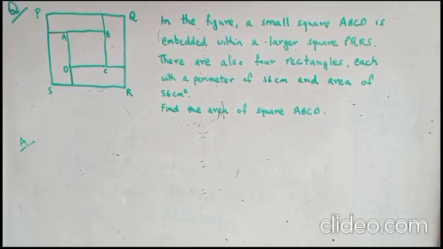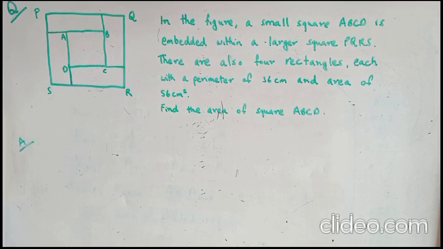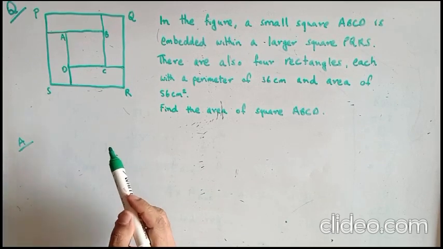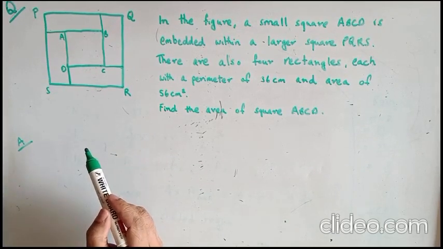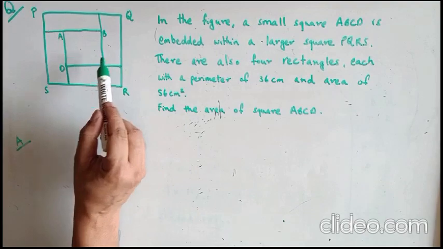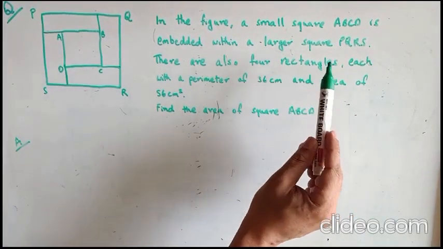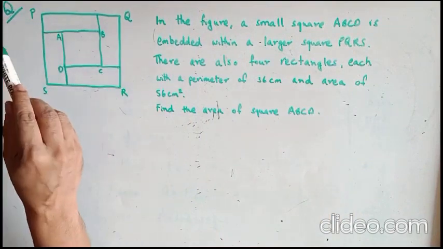Okay kids, now we move on to our next problem for the day, which is also about geometry. And we have a rather complicated looking square here. So in this figure, a smaller square ABCD is embedded within a large square PQRS.